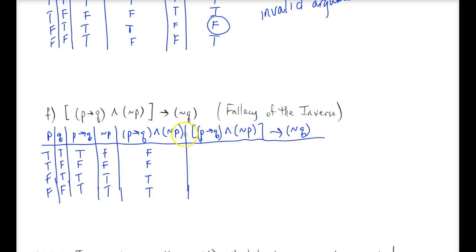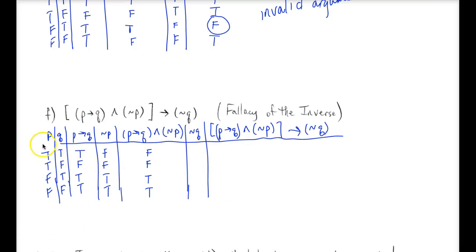After that, we need to take this column and AND it with a not Q column. We haven't done that yet, so I'm going to make some room to do that now. All right, we've made a column for not Q, and we'll just do the opposite of what we see in the Q column.